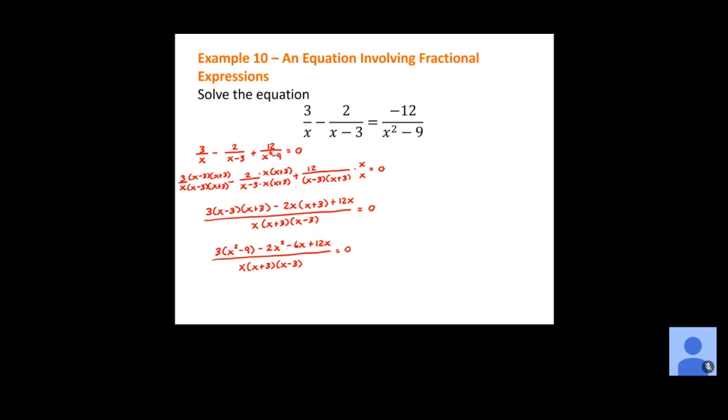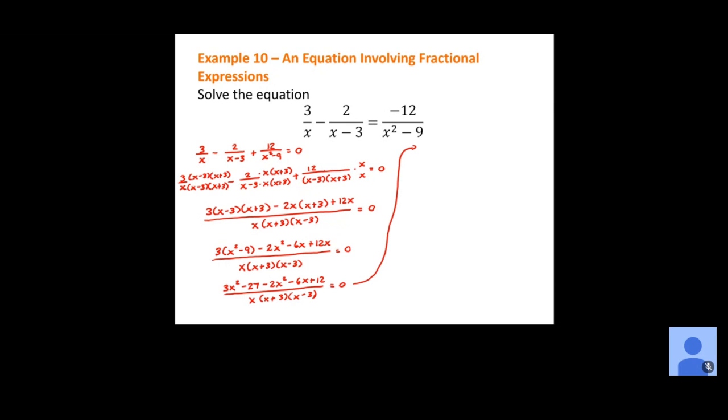And so now we can actually distribute the 3. So we get 3x squared. 3 times negative 9 is a minus 27. We get a negative 2x squared minus 6x plus 12. And then we have our x times x plus 3 times x minus 3. All right, now we need to combine like terms in our numerator.